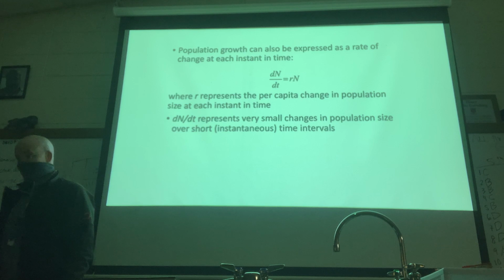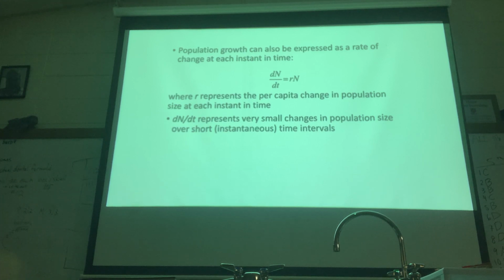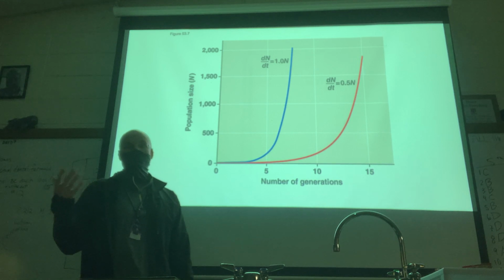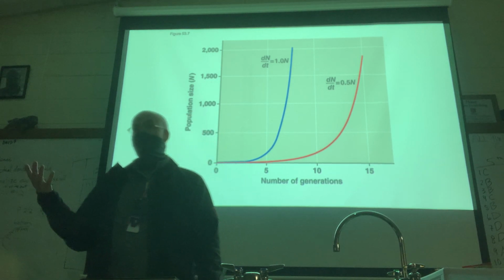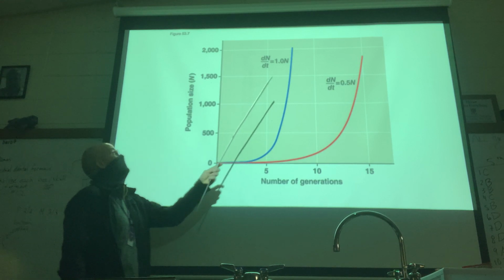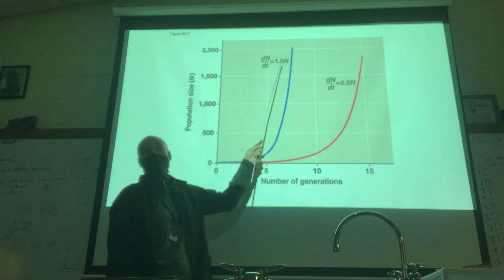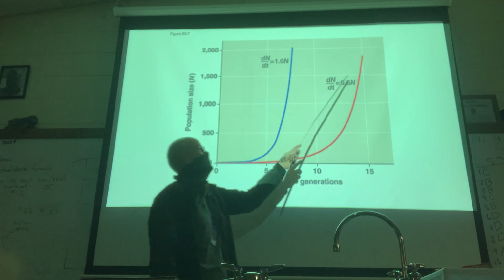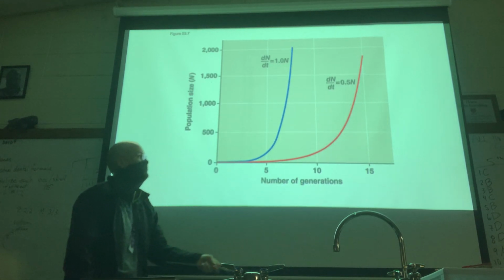Now, the last slide I just wanted to show you real quick gives you an idea of what this exponential growth that all life is capable of looks like. In this case, the only variable we have a number for is the growth rate. So here we have a higher growth rate, here we have a lower growth rate.